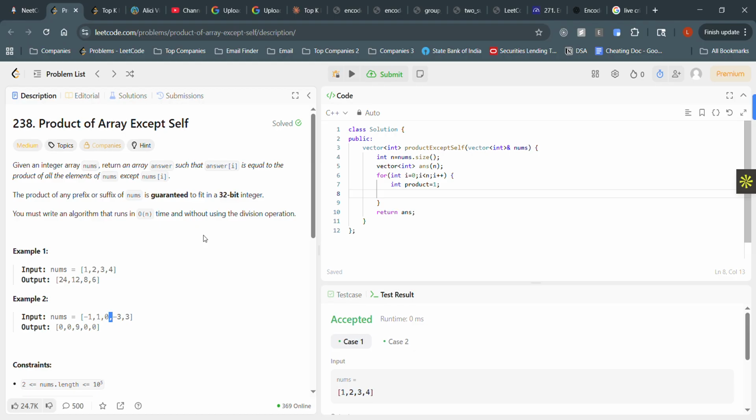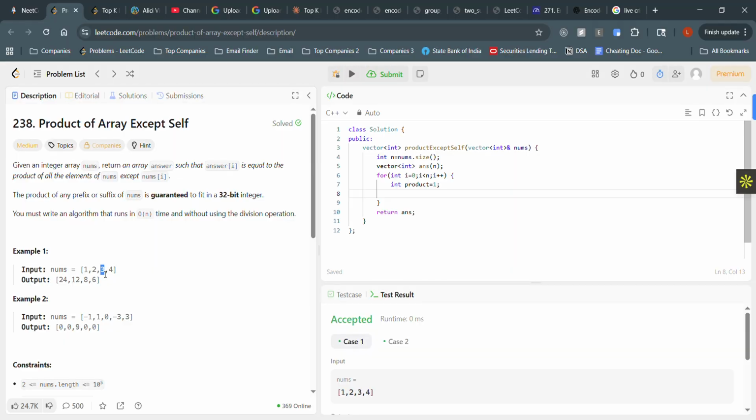So if you look closely, let's look at this 3, for example, in example 1. What should be the result in this place? We should multiply every number, and we should not multiply this 3. So 1 times 2 times 4, it should be 8. 8 is the answer. Now how did we come up with this answer?